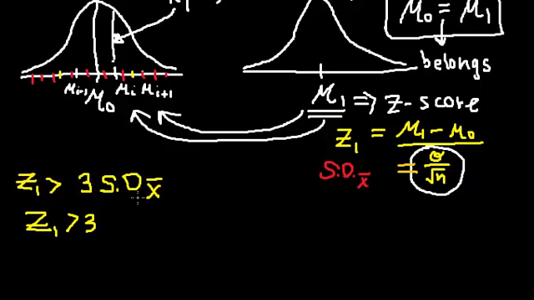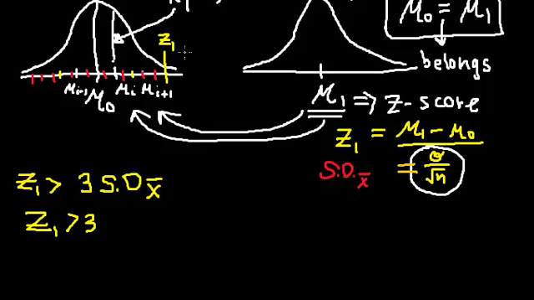And from that, we know that 3 standard deviations away is quite far. It is actually around here. So I would mark it as z1. That is where z1 is.